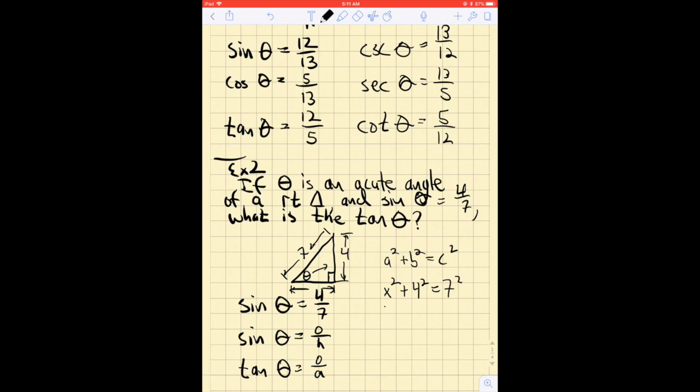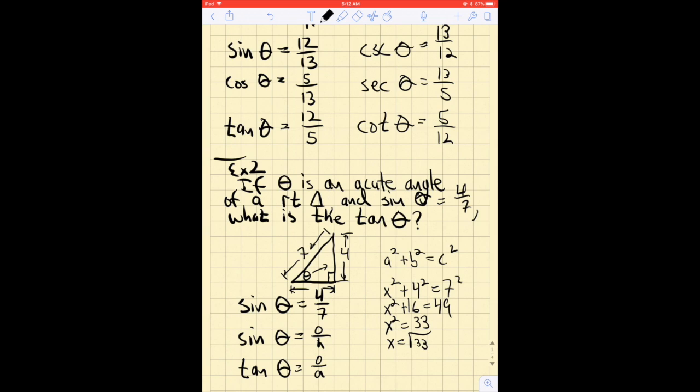So this is going to be x squared plus 16 is equal to 49. And we have x squared equal to, subtract 16 from both sides, and I get 33. And now I have x is equal to root 33.